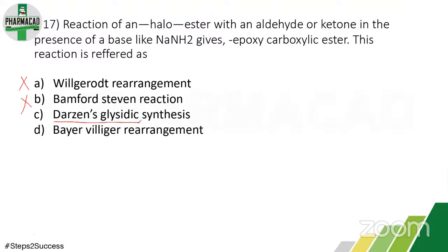Now we will see Darzens glycidic synthesis. In Darzens glycidic synthesis, what happens? Halo-ester. This is halo-ester with ketone, and the reaction takes place in presence of NaNH2, this base.